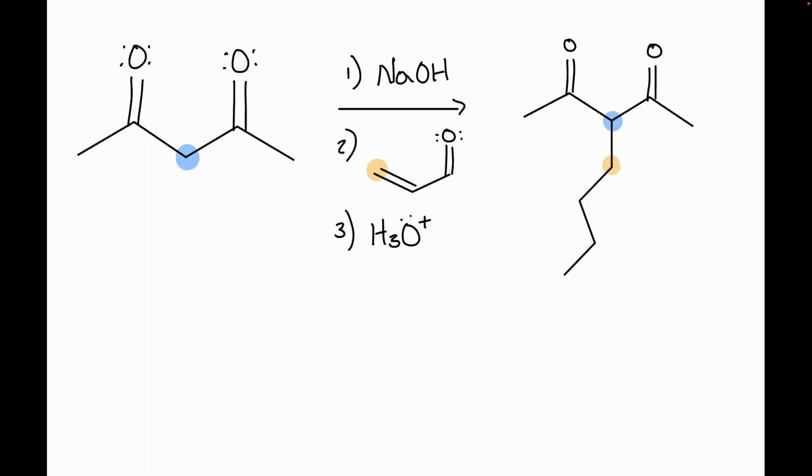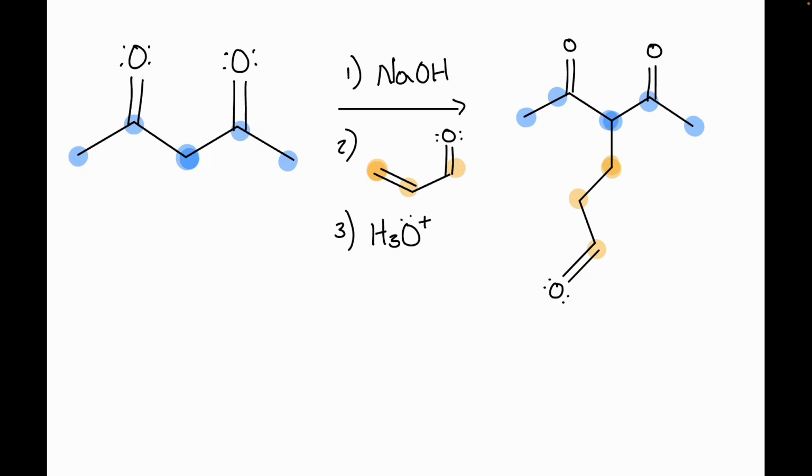And finally, my carbonyl group. All right, so again, we can count carbons. We've got to double check. 1, 2, 3, 4, 5 from my nucleophile. 1, 2, 3 from my electrophile.